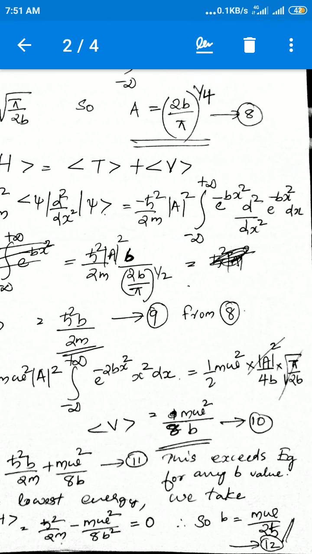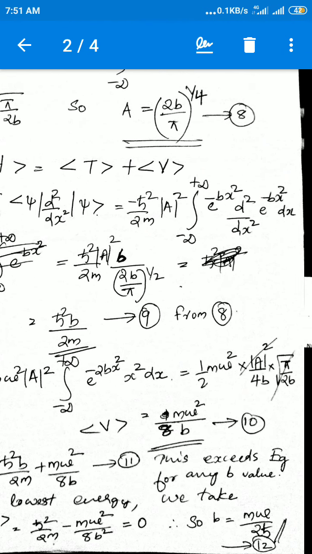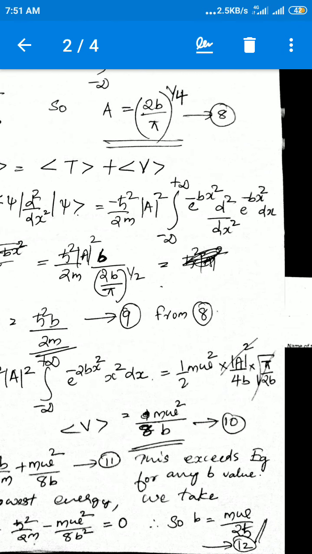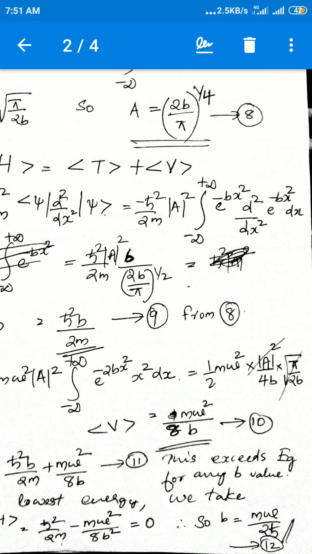You can write it as half m omega squared modulus a square into 1 by 4b root of pi by 2b. The other one was minus b root of pi by 2b. These are all identities. The integration values, you have to remember.